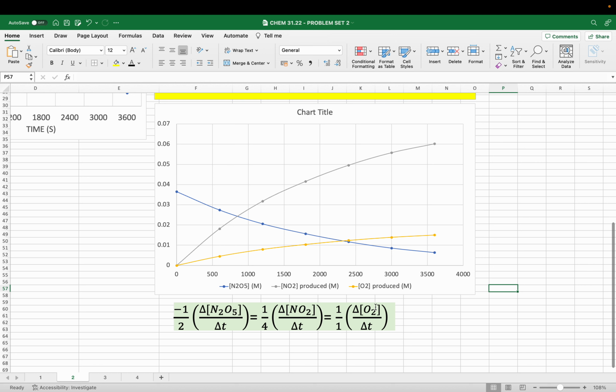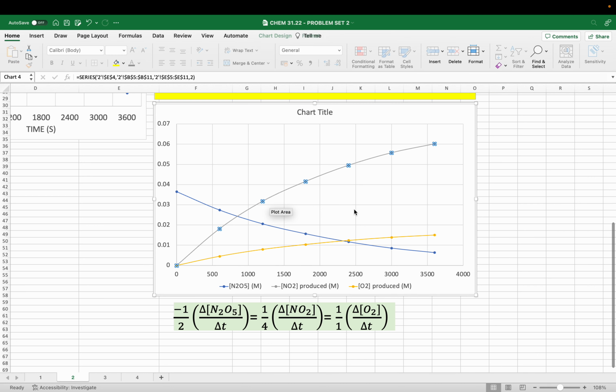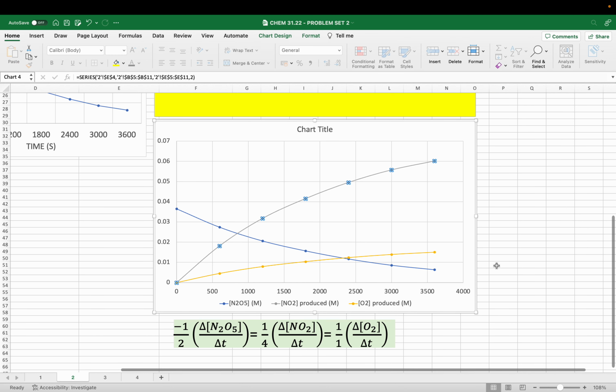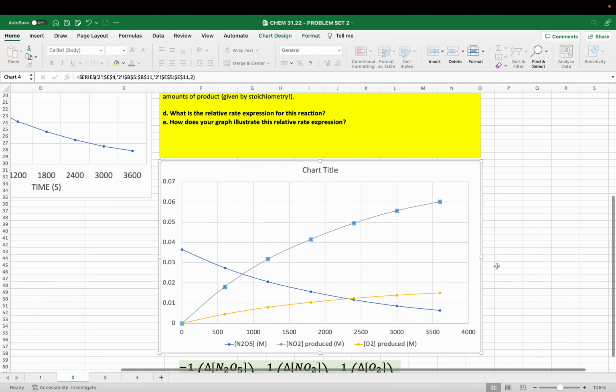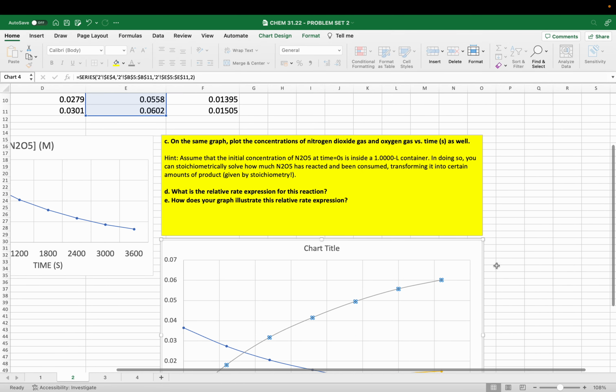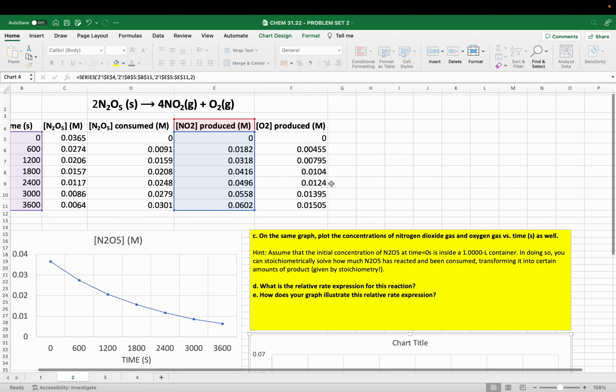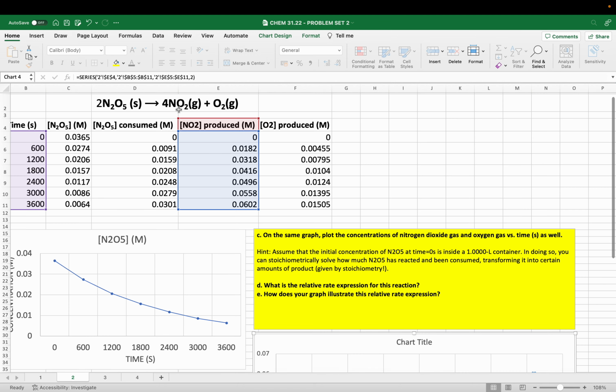Let's look at the graph that's the steepest, and that's the graph of NO2. The reason why NO2 has the steepest graph, or the highest rates at any given point, is that in the balanced equation, it has the highest stoichiometric coefficient, which means at any given point in time, a lot of it is being created.